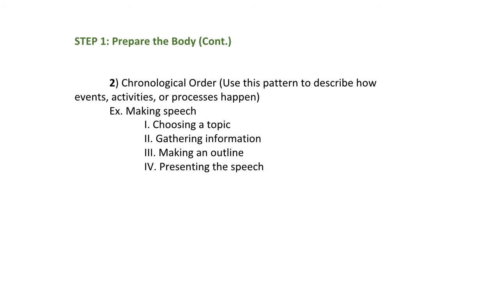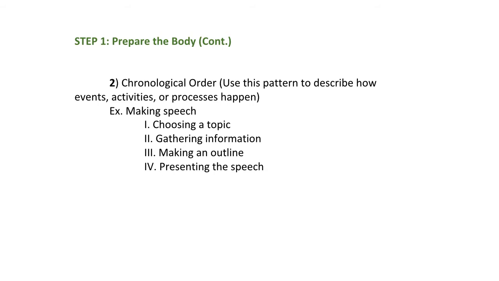Okay, next, chronological order. This is a very interesting pattern. You can use this pattern to describe how events, activities, or processes happen. Maybe by the hour, part of the day, week, month, or year. It can also be perfect for explaining the steps in a process.